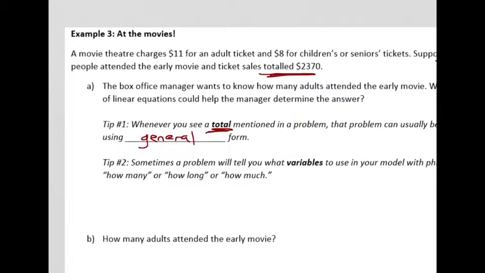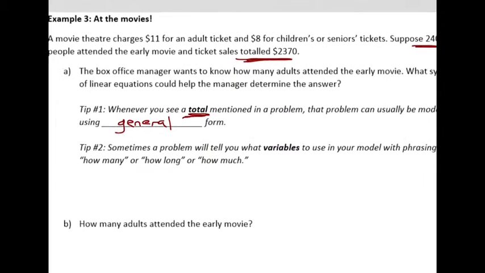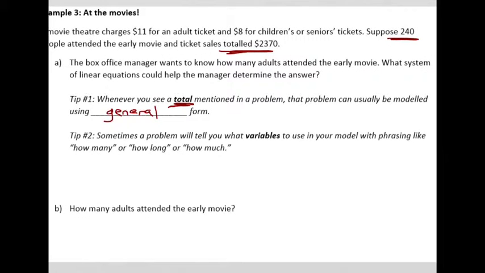Just to recap, slope-intercept form was good for problems where you have a base amount plus a rate. General form is good for modeling problems where a total is mentioned. So there's a key there to help us out.